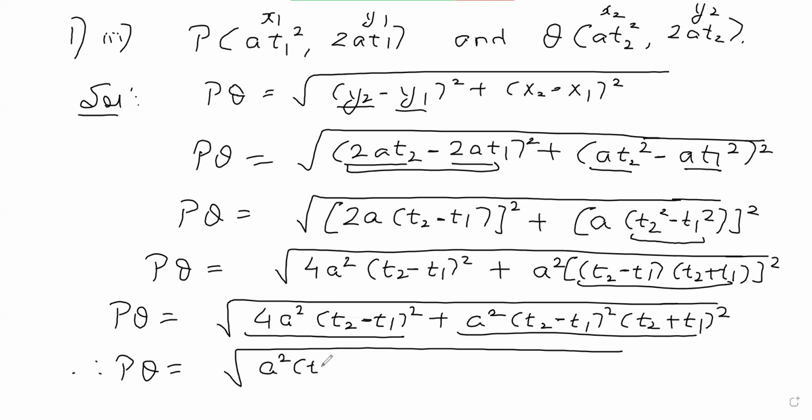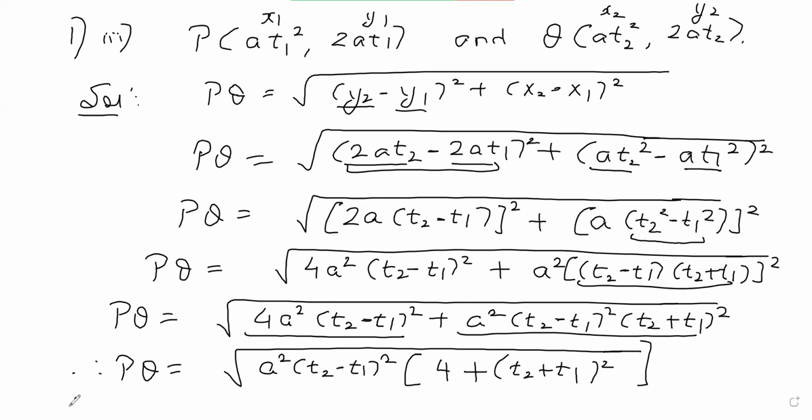I can take t2 minus t1 square common. So in the brackets, I get 4 plus t2 plus t1 squared. This is what I get. Once I take a square times t2 minus t1 square common, I get 4 plus t2 plus t1 square.